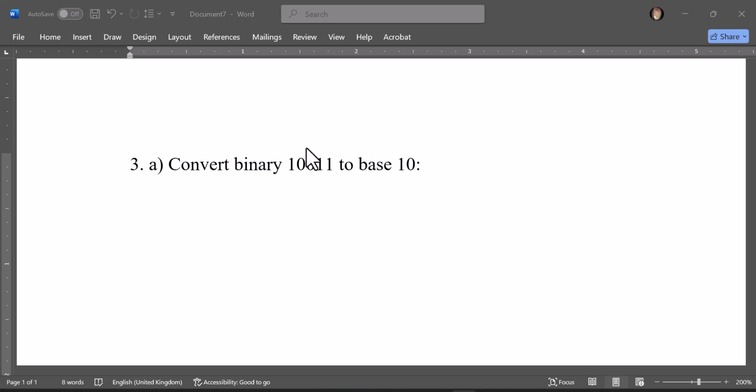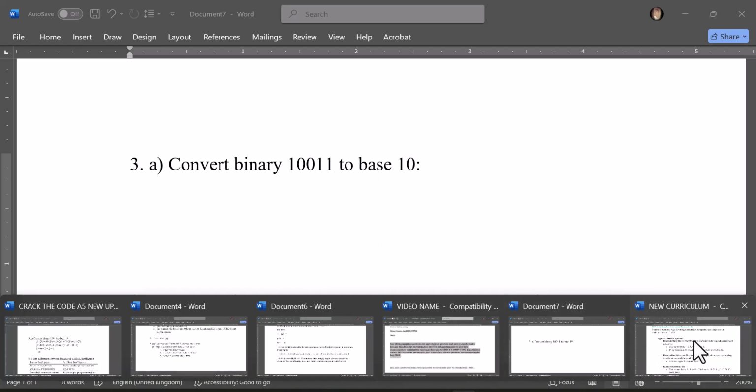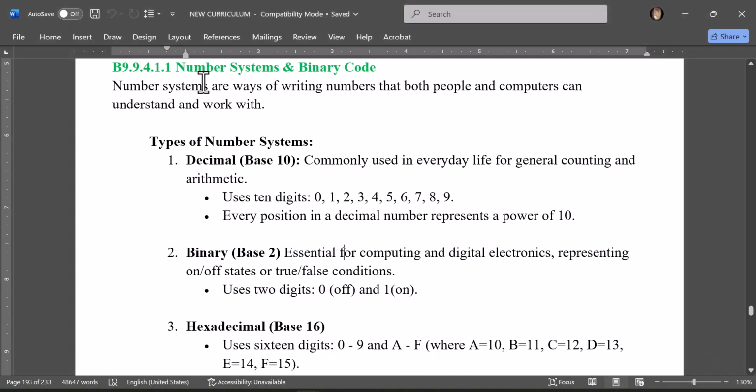Now, if you look at this question, it says convert binary 10011 to base 10. Where is this binary from and where is this base 10 from? Now, it is a Form 3 topic. That is B9, B411. You can check from your textbook and you'll be able to get it.